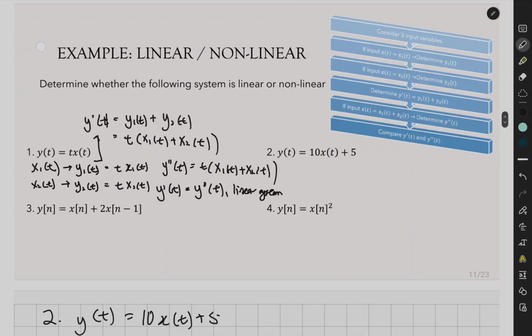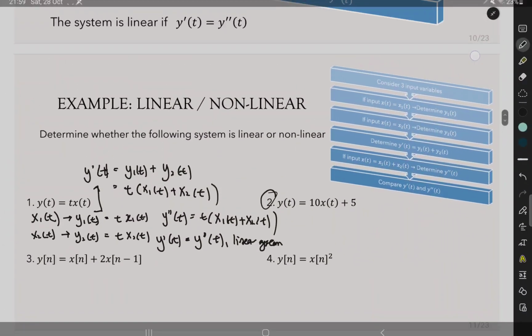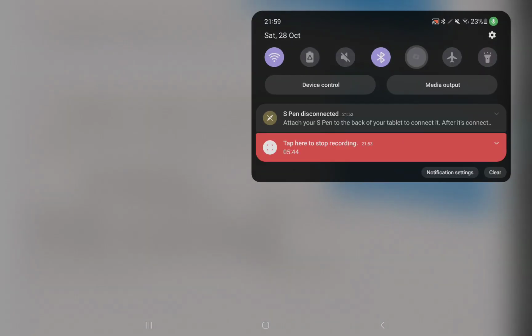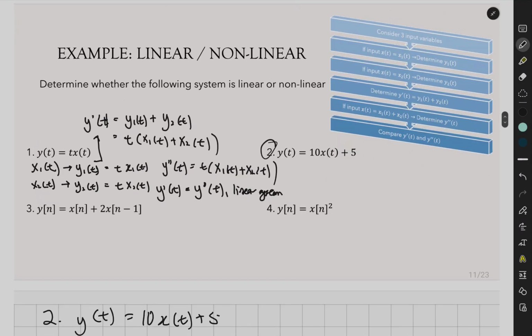Okay, so we try to do question 2. I lock my screen first so that it won't rotate. Question 2: y(t) equals 10x(t) plus 5. Determine whether the system is linear or non-linear.